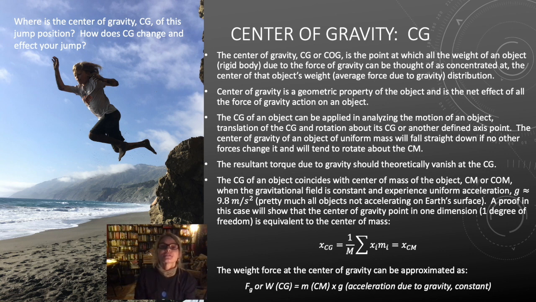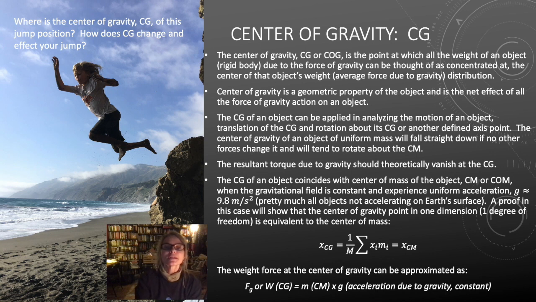Okay, so what happens is the torque at the center of gravity should theoretically be zero if it were to rotate about that point. Okay, so in many problems we like to align that center of gravity with the axis of rotation to make the problem solving a little easier, and of course that just depends on the problem.